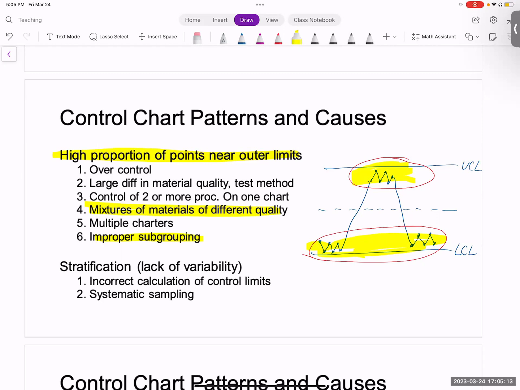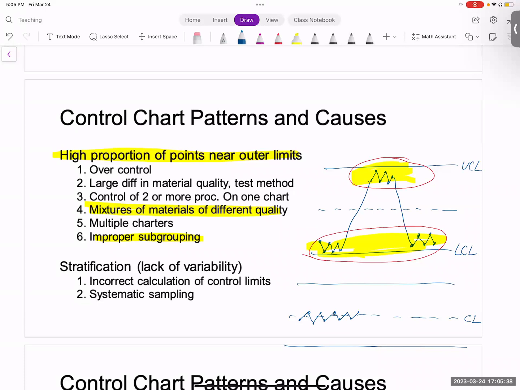And in many cases, we also notice a pattern called stratification. Stratification happens when most of the variability in the process is limited to the center line. So it will oscillate just around this point. And this is called stratification. This could happen because of multiple reasons. The first reason is that maybe your control limits are too broad, too wide.